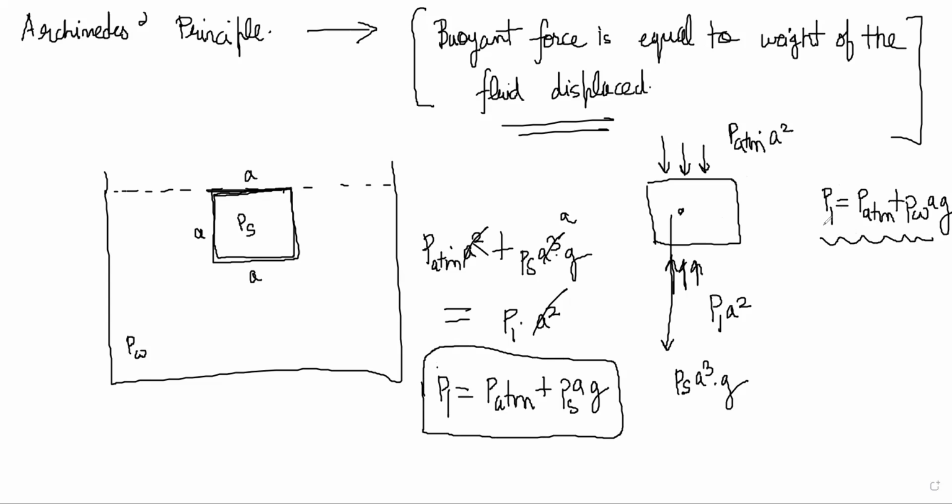That doesn't seem right. Something is wrong. One second. Are we missing some force or something? PATM into A square, P1 into A square.